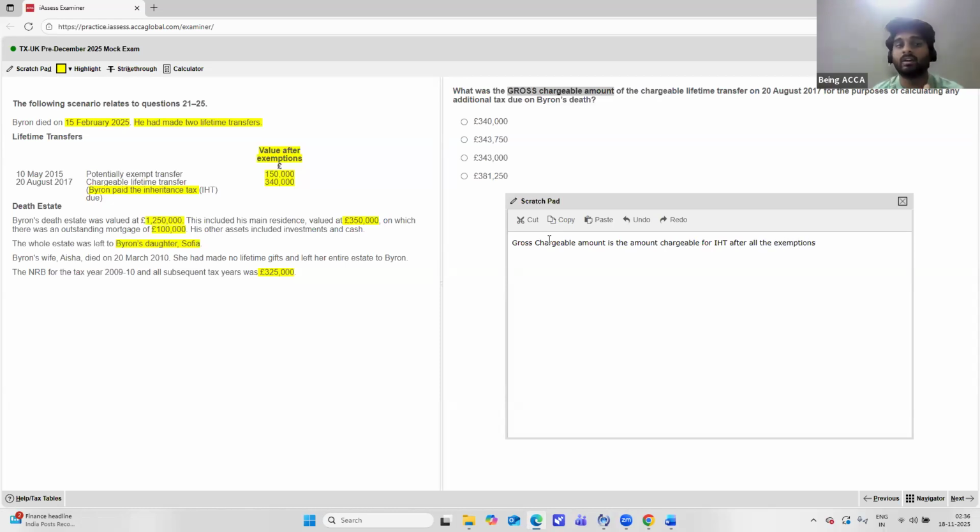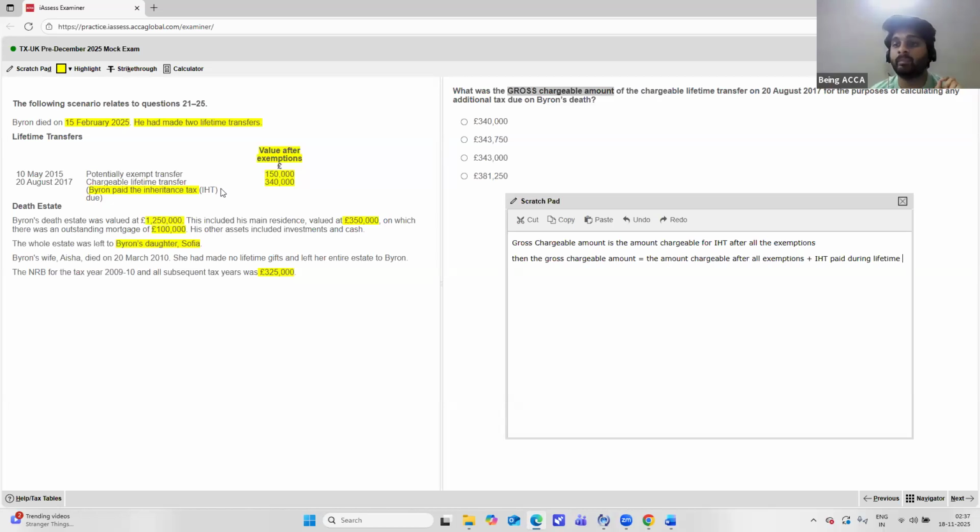But what is the situation here? Brian is the one who is paying the inheritance tax. So if the donor pays the inheritance tax, then the gross chargeable amount is equal to the amount chargeable after all exemptions plus IHT paid during lifetime.